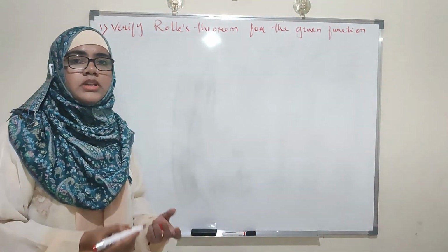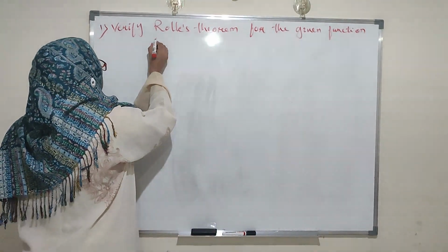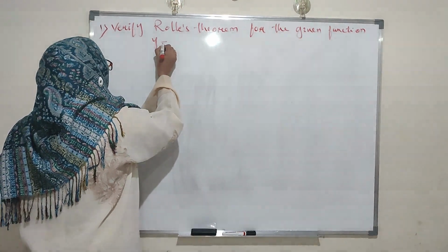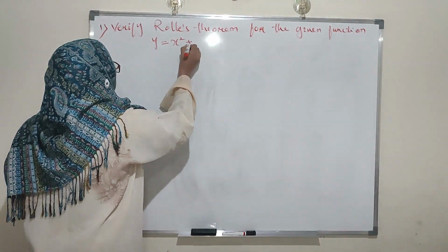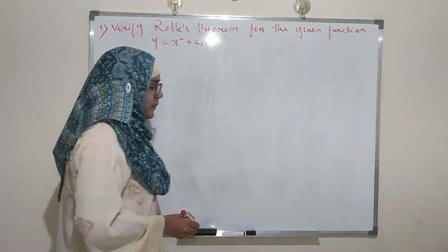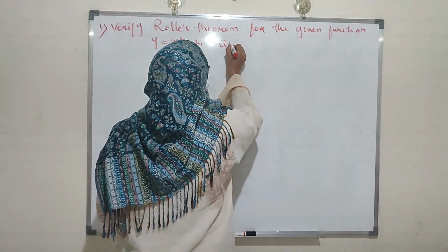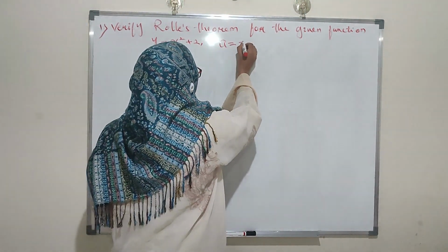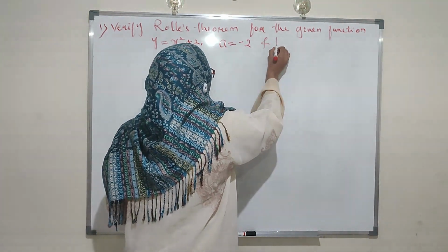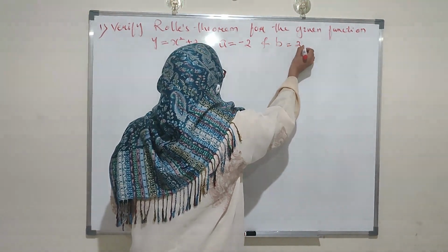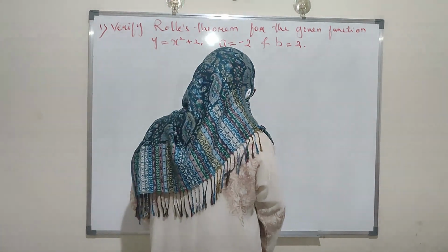Verify Rolle's theorem for the given function f(x) is equal to x square plus 2. What is given? A and B, the two points are given to you. A is minus 2 and B is plus 2.